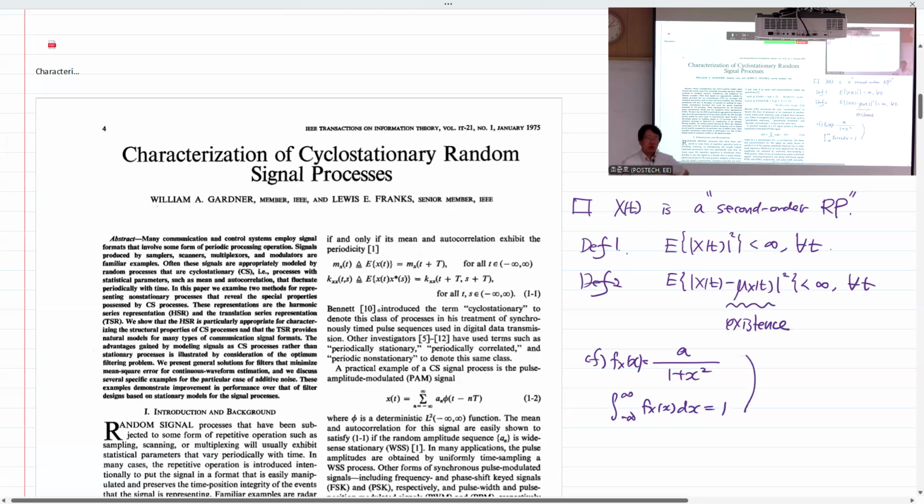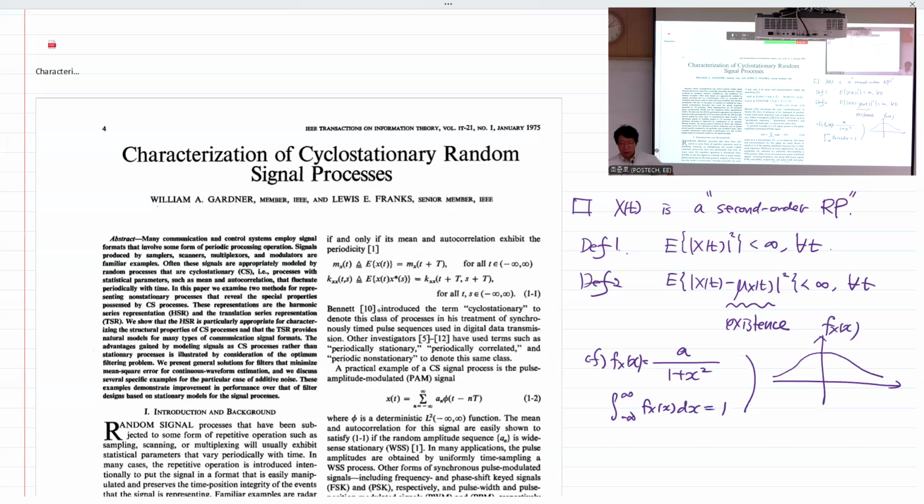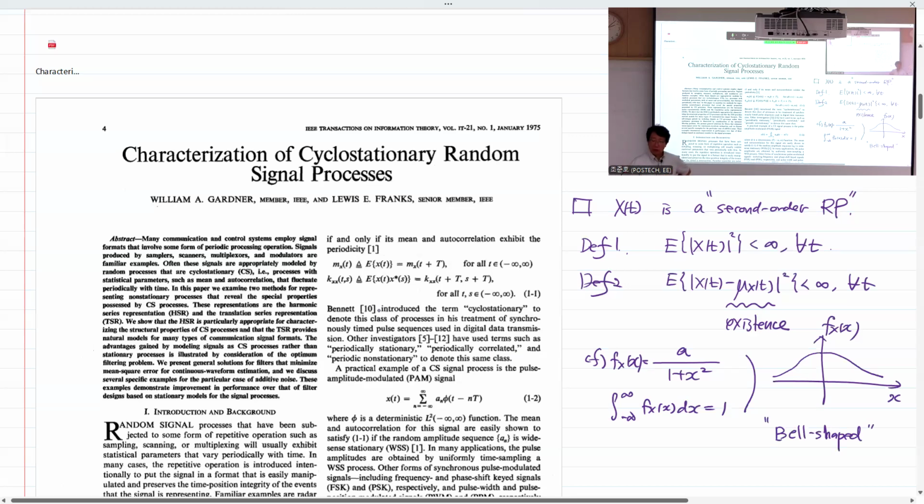Given this Cauchy random variable, what is the mean and what is the variance? Many of you will try to plot this density function, which is obviously very similar to a bell-shaped curve. But usually people don't say this is a bell-shaped curve because the term bell-shaped is reserved for what? Normal distribution or Gaussian distribution. So never say that the Cauchy distribution has a bell-shaped PDF.